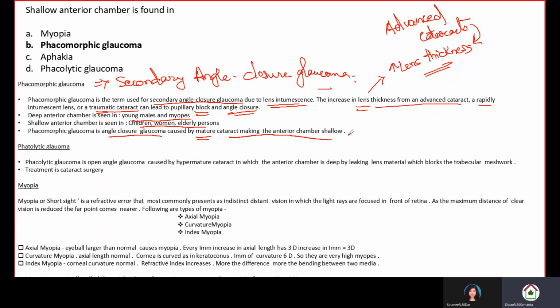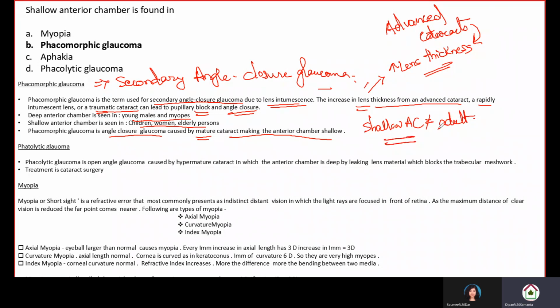making the anterior chamber shallow. Okay, like women means mid-aged women or elderly persons. Also children. In children also we see shallow anterior chamber, but not in adults. So remember, shallow anterior chamber should not be present in adults.